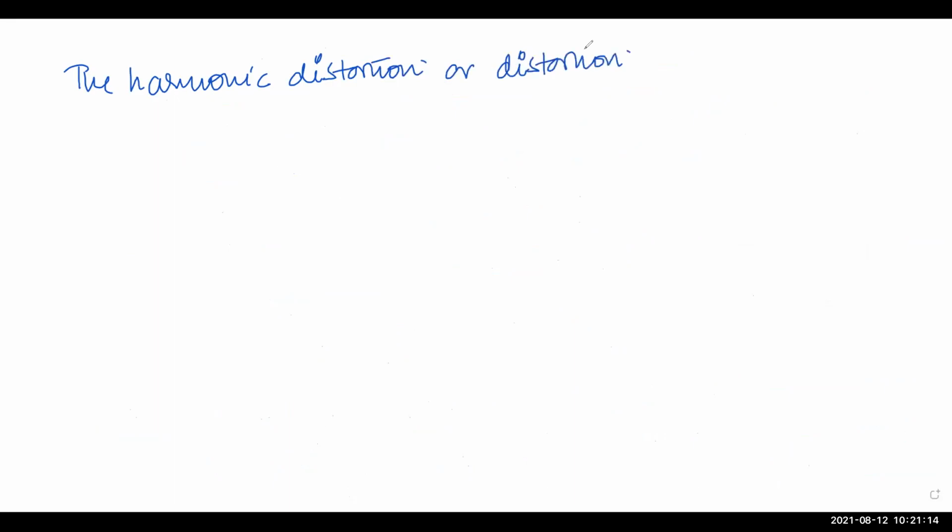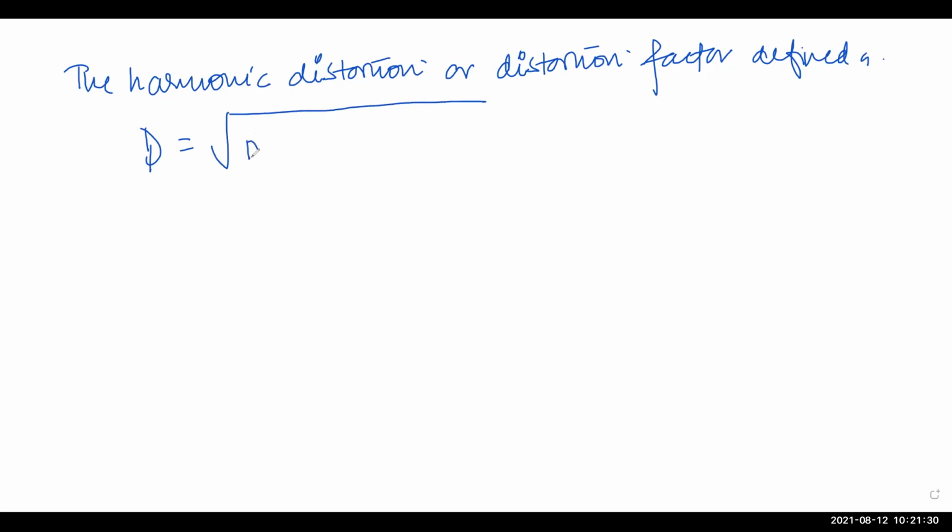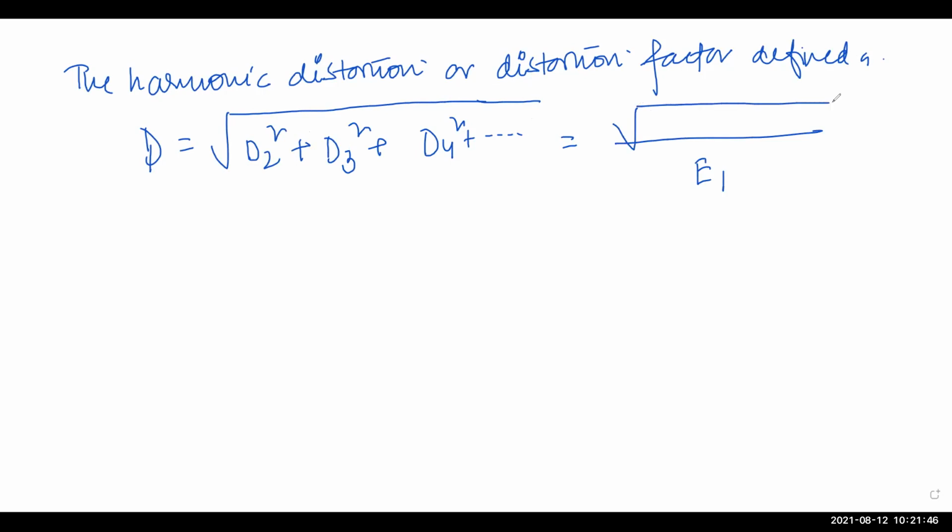The harmonic distortion or distortion factor is defined as D, where D is the distortion: root over D2 square plus D3 square plus D4 square, and that will be equal to root over E2 square plus E3 square plus E4 square and so on, divided by E1.